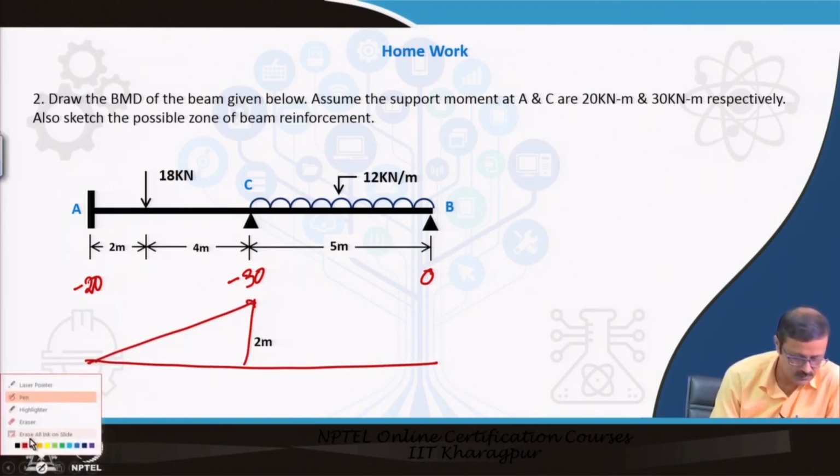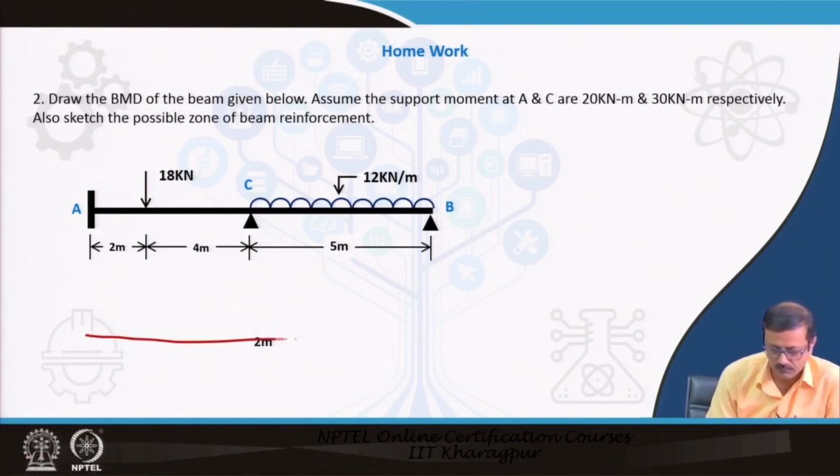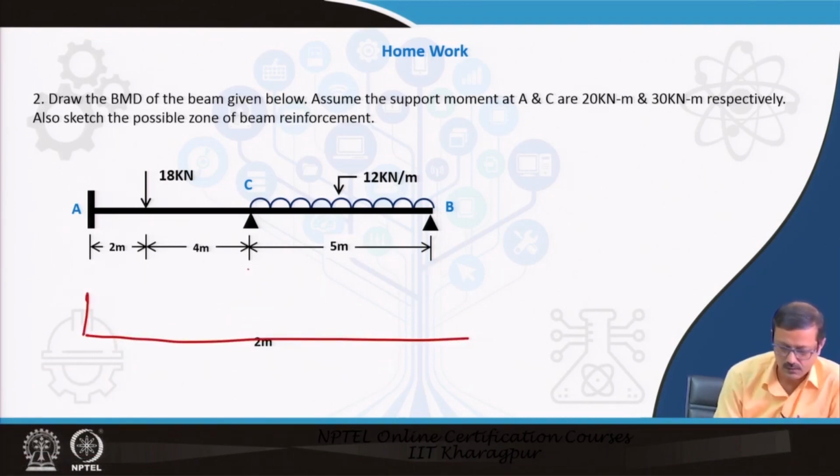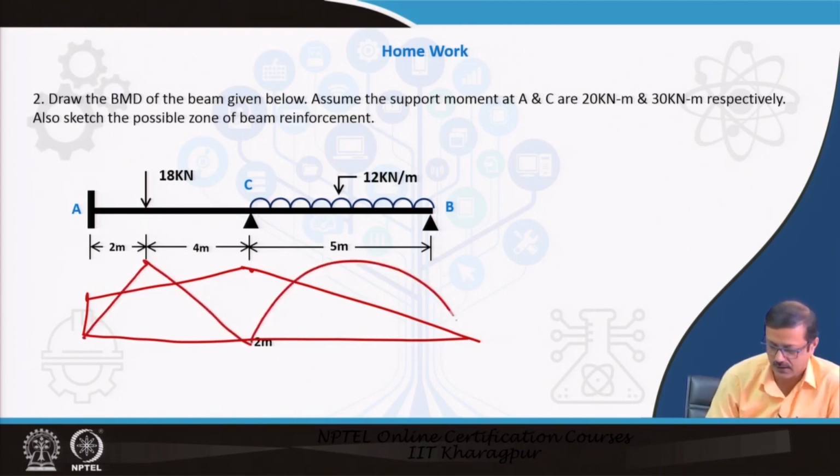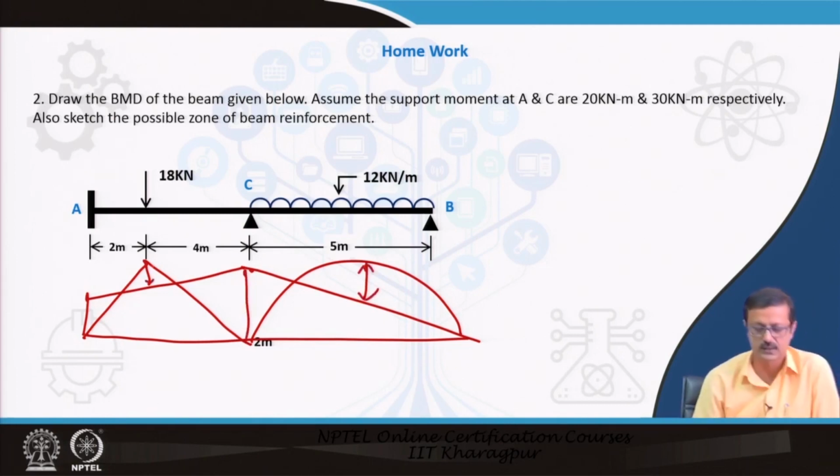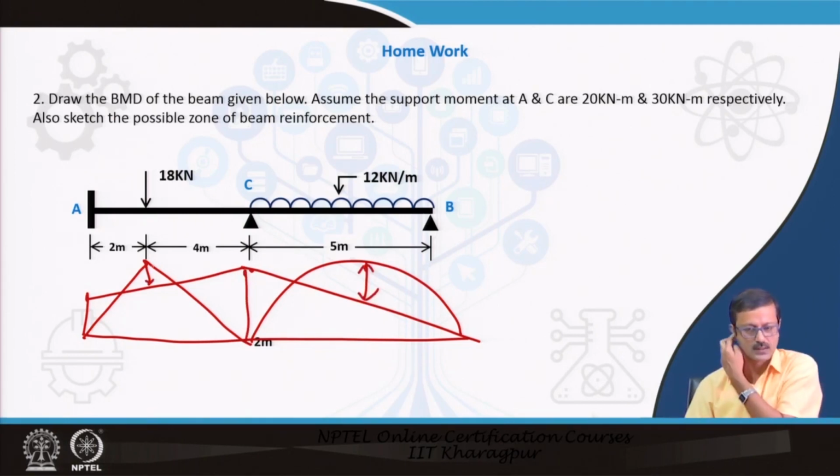So, it will be 20, it will be 30 and it will be 0. Something like this will be the negative bending moment diagram, and in this case this will be your positive diagram. You have to find out those values in this particular case.